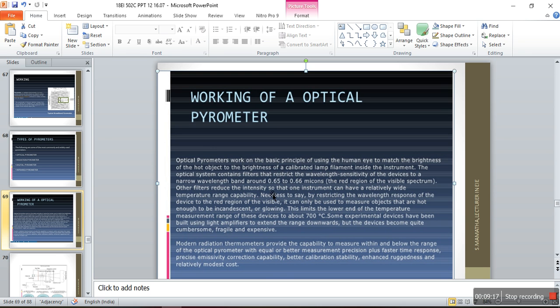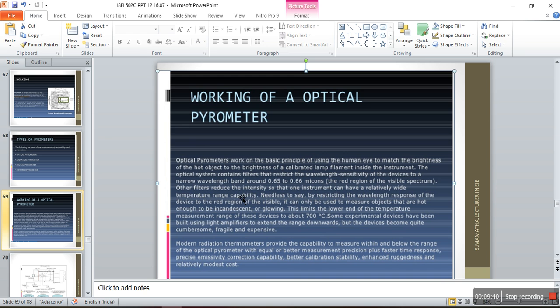The optical system contains filters that restrict the wavelength sensitivity of the device to a narrow wavelength band around 0.65 to 0.66 microns, the red region of the visible spectrum. It will allow only certain wavelengths of the total emitted radiation.